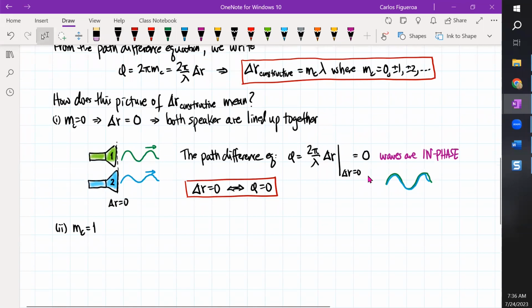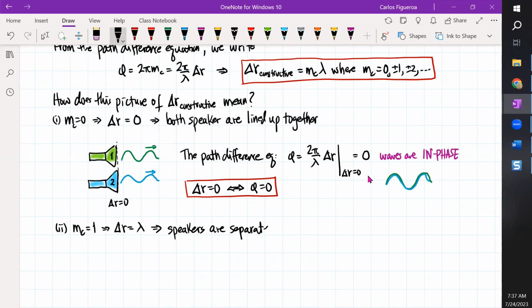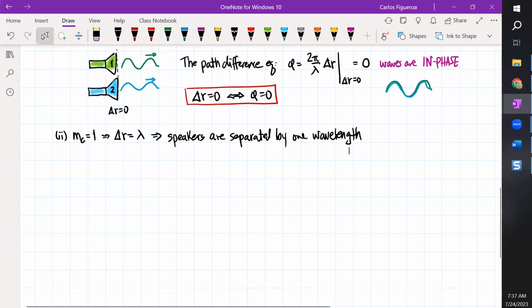So that means that the speakers are separated by 1 wavelength. So I have to separate them.